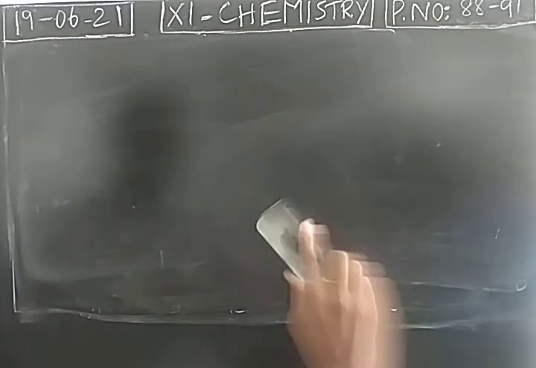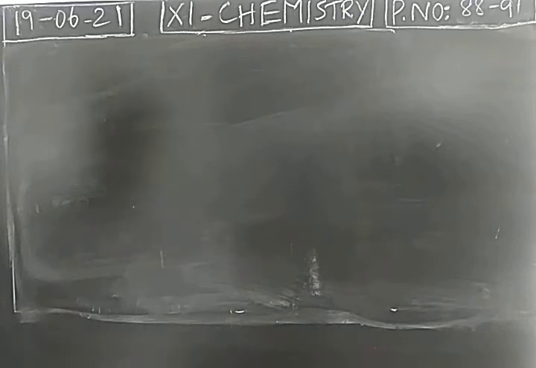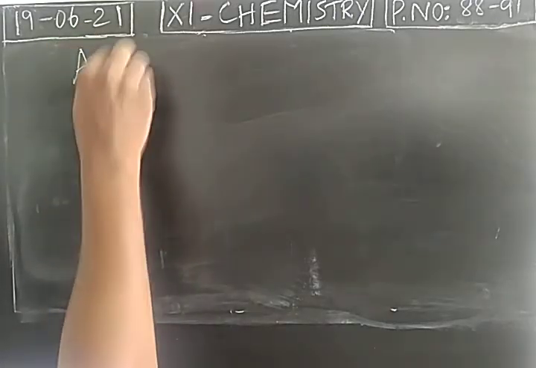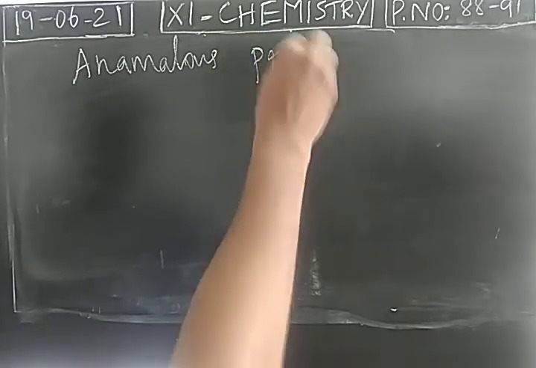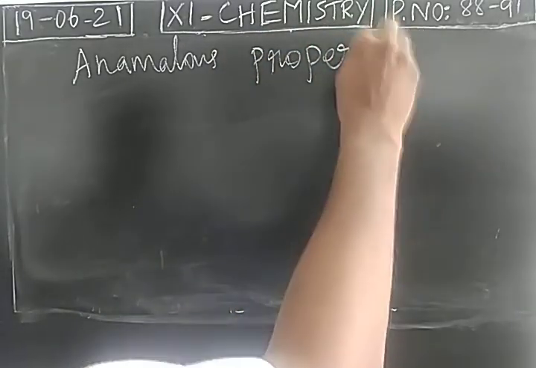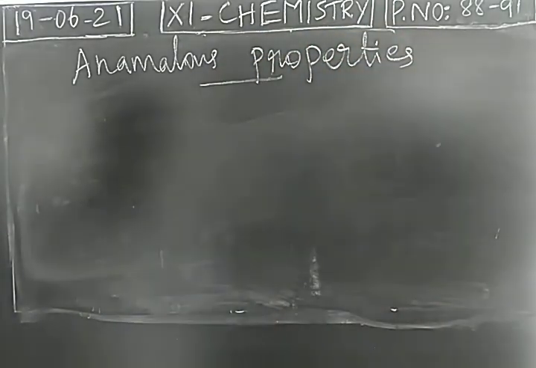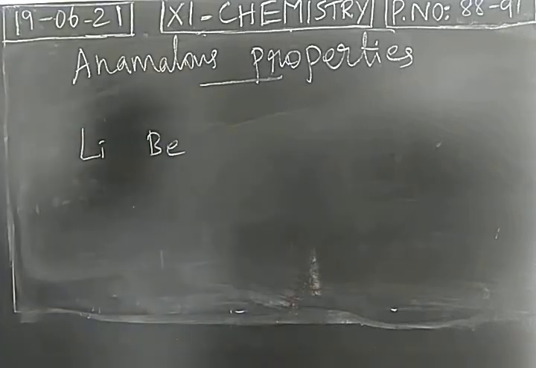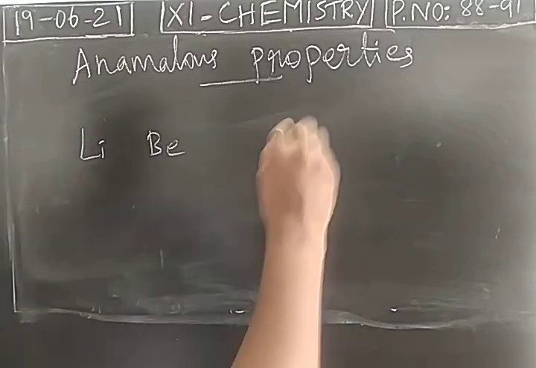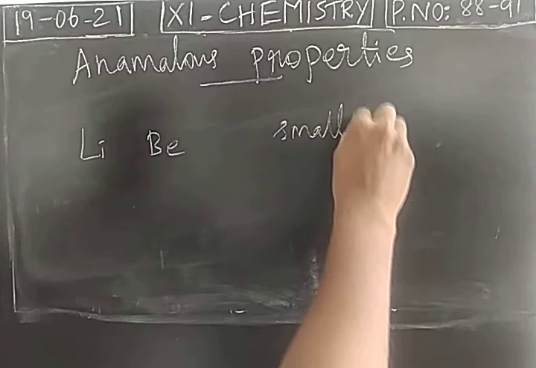Next, anomalous properties of second period elements. When you take second period elements like lithium, beryllium, boron, carbon, nitrogen, oxygen, fluorine, the properties are different from the other members. The anomalous nature of second period elements is due to smaller size.